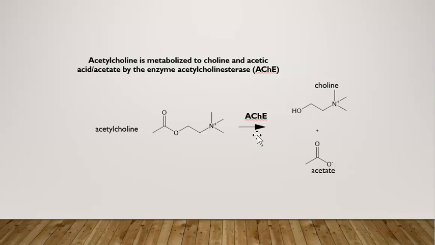So non-cholinergic cells can contain acetylcholinesterase, while only cholinergic neurons have CHAT. Other neurons can also have acetylcholinesterase, so marking this is not useful for identifying cholinergic neurons. That's why we use CHAT. So again, yes, you need to know the metabolism of acetylcholine: what breaks it down and what those products are.